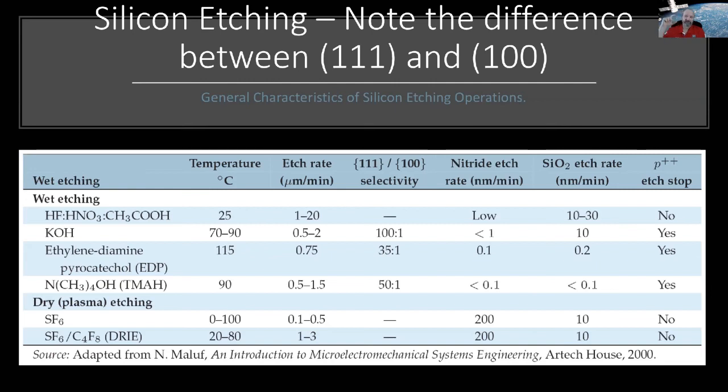So you better have a thick enough silicon oxide layer on top of your silicon in order not to break through that silicon dioxide and start etching the silicon substrate in this case. Okay, so that's real important to know.